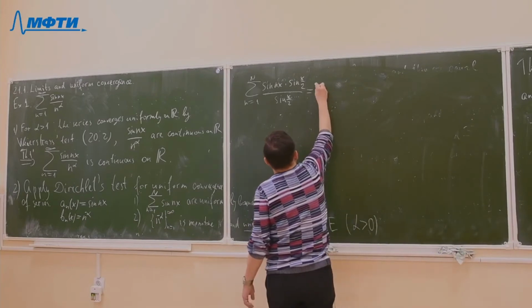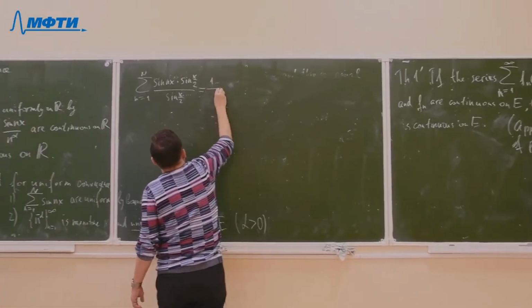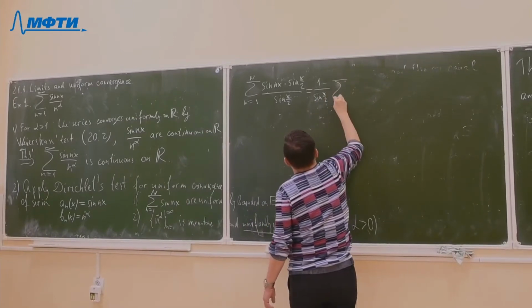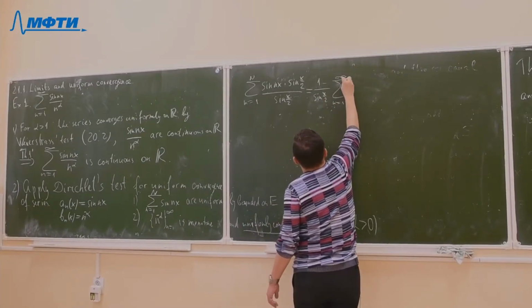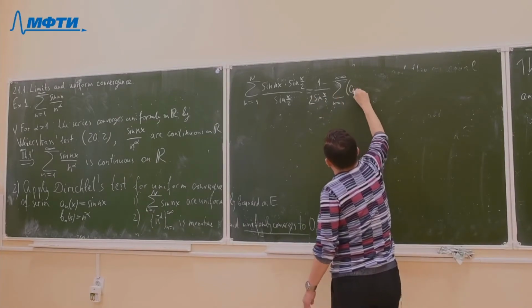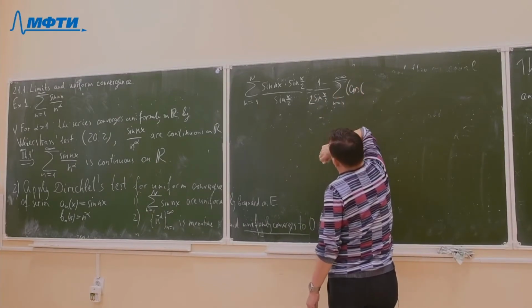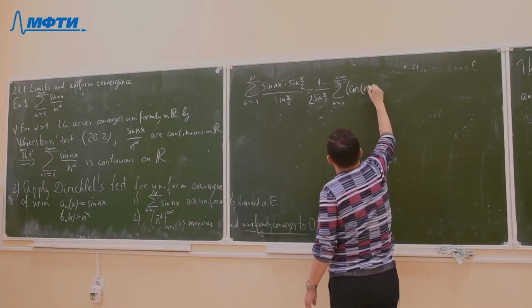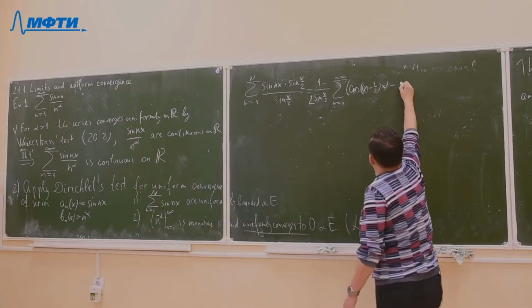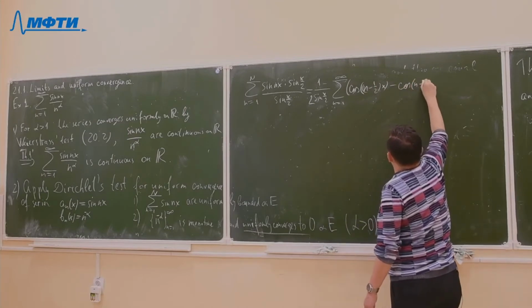Then we obtain 1 over sine x over 2 times the sum, where we have 2 sine times sine, which gives a cosine of the difference minus cosine of the sum.